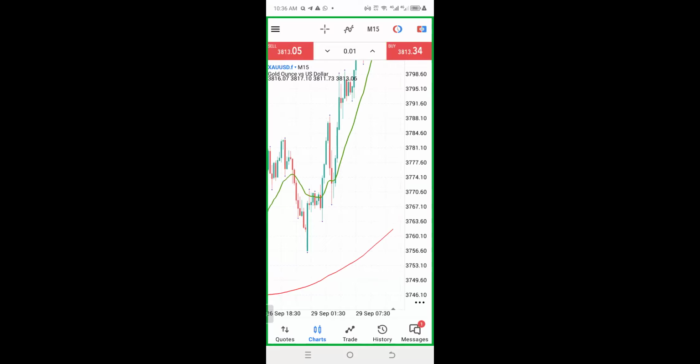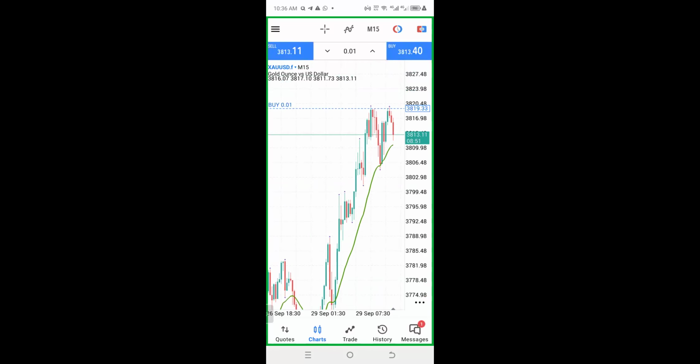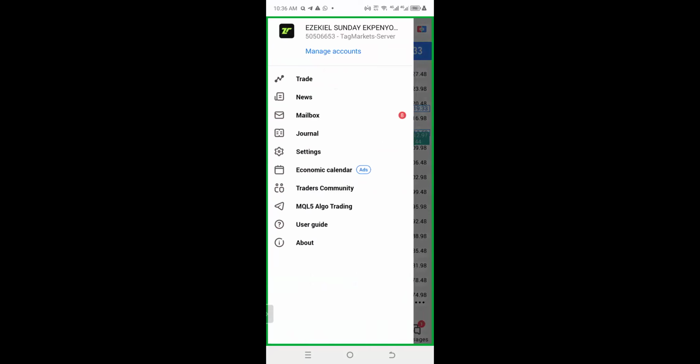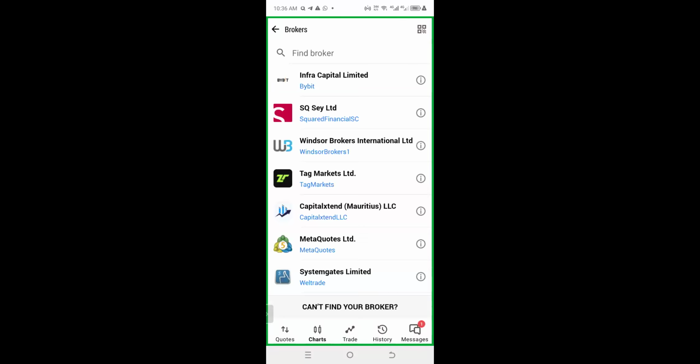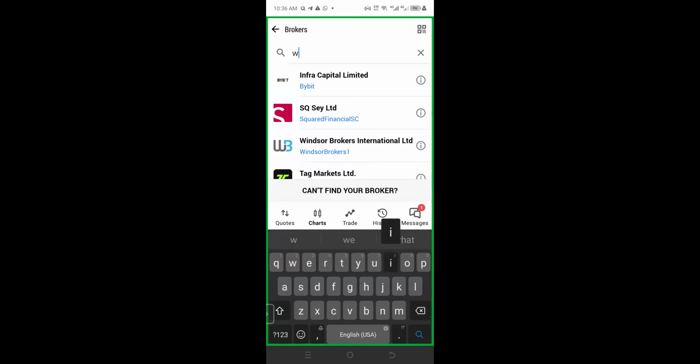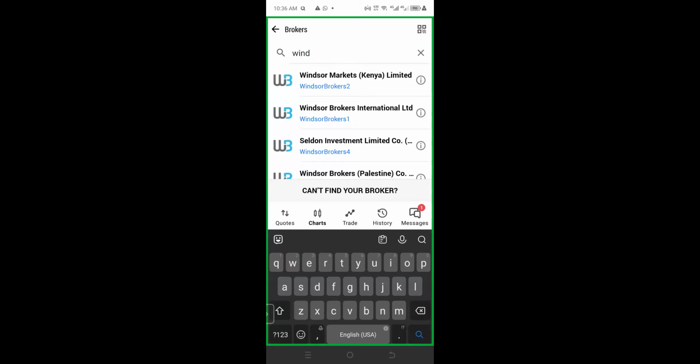For MT5 now, let me put one more position here. Trade has come to entry. Click on this, and then I type Windsor. One thing you have to note is that those extensions are very important.